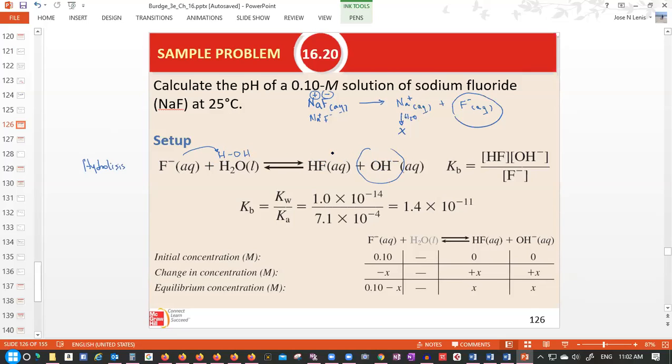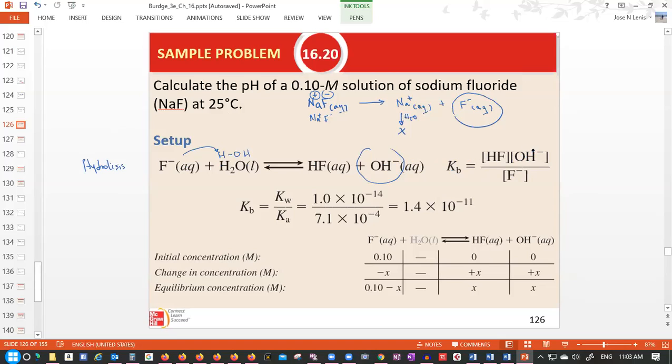Now this reaction, since this is a base reaction, has a Kb. And that's the reaction we need because this equilibrium law includes the OH.